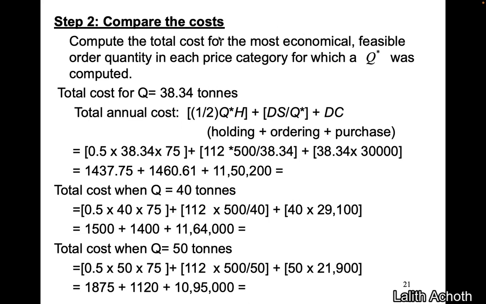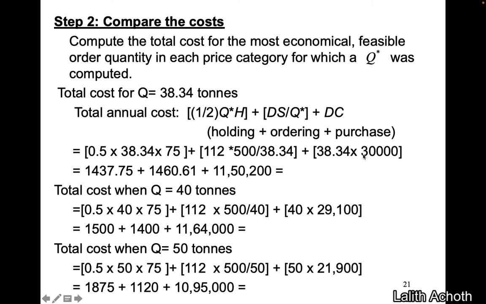Then we work out the cost. At 38.34 tons, holding cost will be, as we calculated earlier, half, instead of half, I put it as 0.5, half into 38.34 into 75, because we've already decided this, plus 112 into 500 divided by 38.34. This is additional, plus 38.34 into 30,000 rupees a ton.